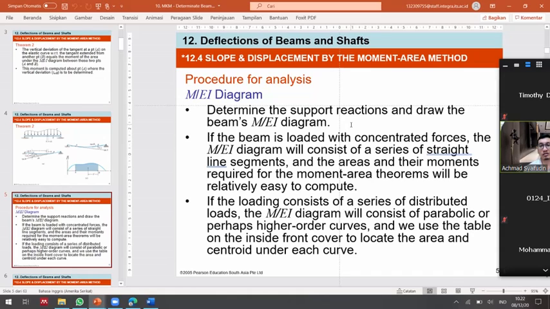If the loads are concentrated forces, the moment diagram will be a straight line. But if the load is distributed, it will create a parabolic or another higher order curve.